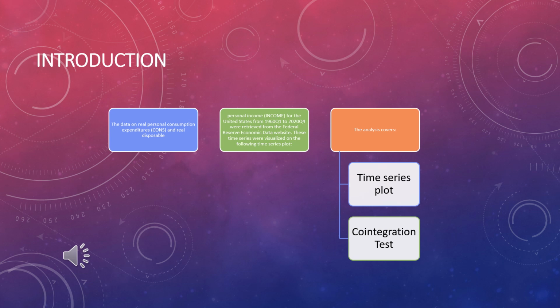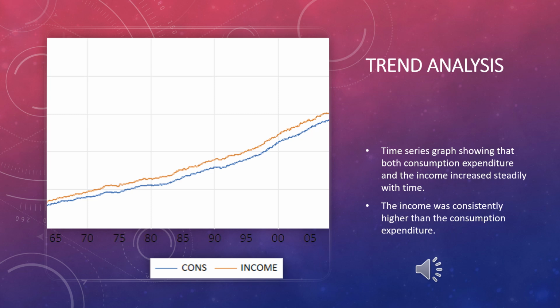Now, therefore, a statistical test to check for cointegration was done. On this slide we can see a summarized time series for consumption and income through observation. First, within the entire period, the movement of those two series are cointegrated well.